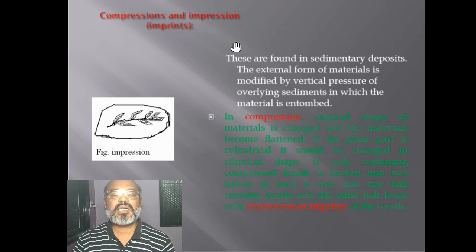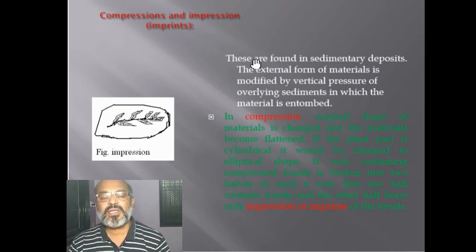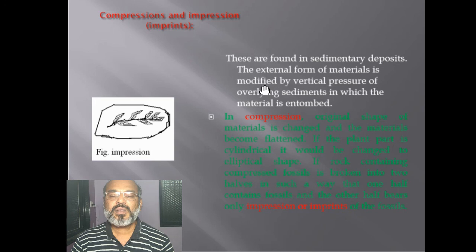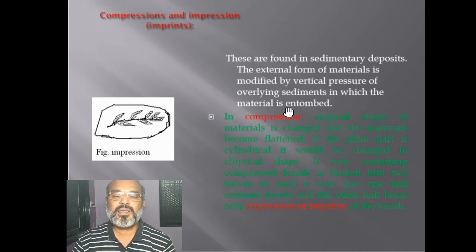Now next, compression and impression, which are found in the sedimentary rocks. The external form of the material is modified by the vertical pressure of the overlying sediments in which the material is entombed. In compression, the original shape of the material is changed and the material becomes hardened.